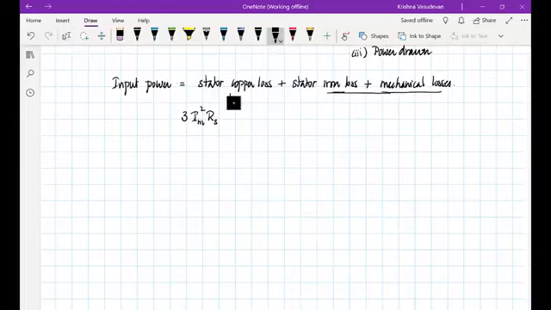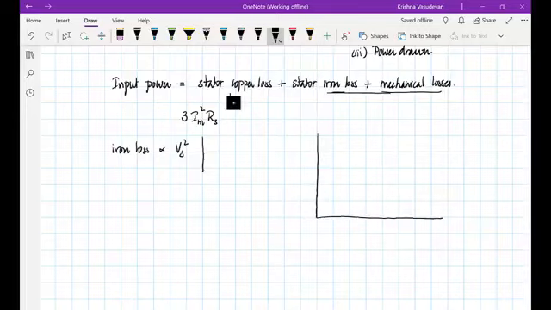Now we know that iron loss occurs because of hysteresis and eddy current effects, and the hysteresis and eddy current effects are approximately proportional to the supply voltage square, and therefore we do an experiment where you note down the losses in the machine, that is, you note down power drawn as supply voltage is reduced under no load.